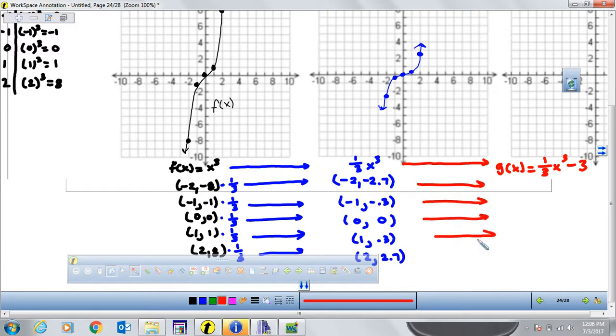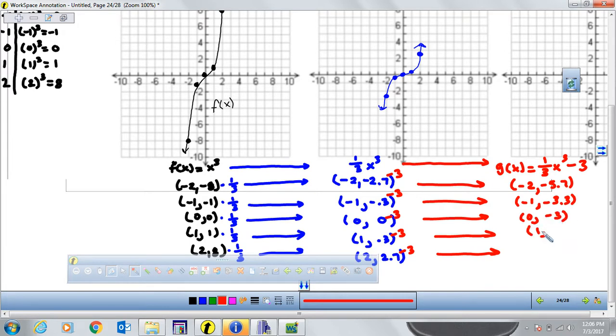It is going to bring the graph 3 units down, which means all of the y values are going to be subtracted by 3. So (-2, -2.7) minus 3 gives (-2, -5.7). Now (-1, -0.3) minus 3 gives (-1, -3.3). And (0, 0) minus 3 is going to be (0, -3).